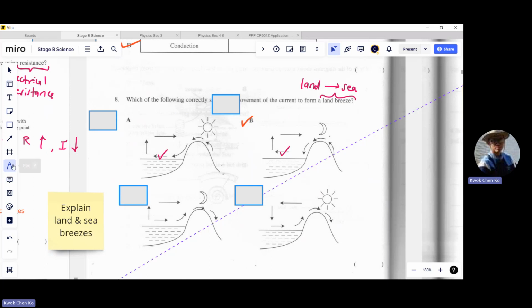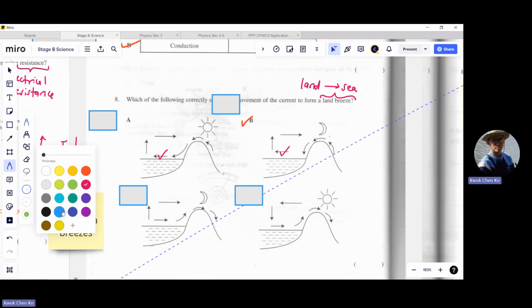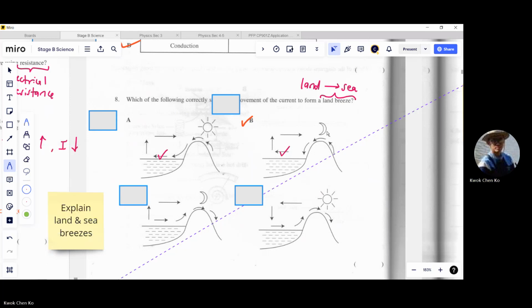Okay, come Ashton, calm down. The difficult part is this. At night, which is hotter, sea or the land? The sea. Yes, sea is hotter at night. Sea is warmer. Land is cooler. Take note, because the sea is warmer, therefore your air rises. Warm air rises, remember?